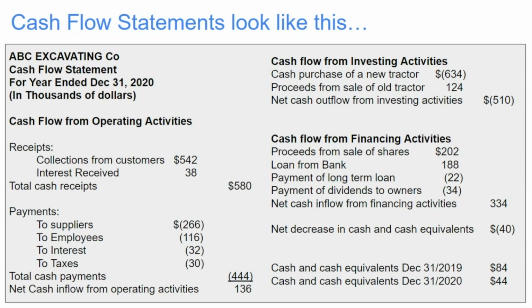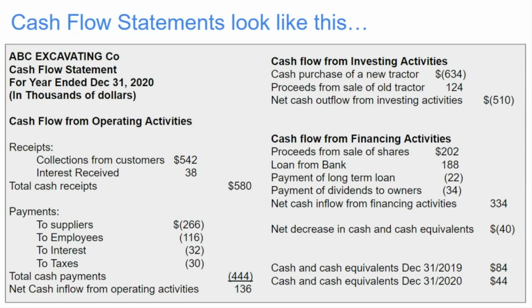Now, if we add those up, the net from operations was 136,000, which is the 580 minus 444, 136.